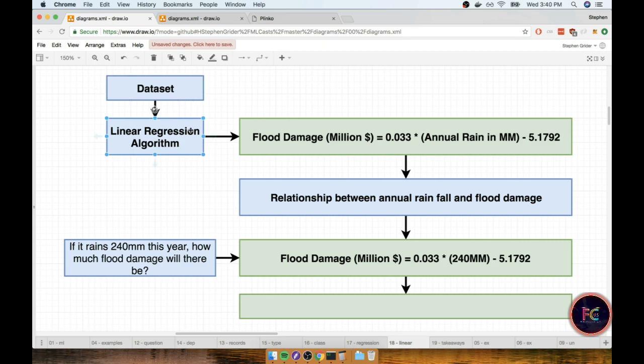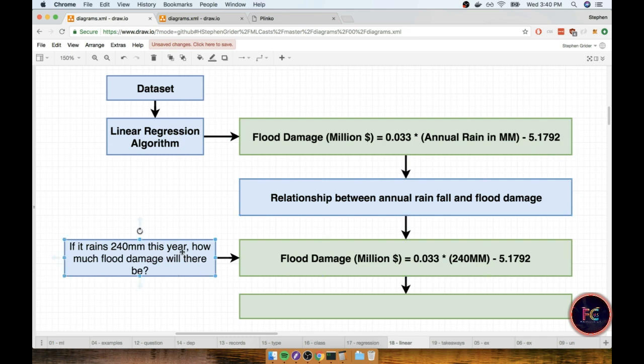Once we feed in our data set and run this algorithm, the algorithm says, okay, I have found a relationship between the amount of annual rainfall and the amount of dollars that we have to spend to repair all the flood damage. And that relationship is the annual rainfall in millimeters times 0.033 minus 5.1792. That's our relationship between annual rainfall and flood damage.